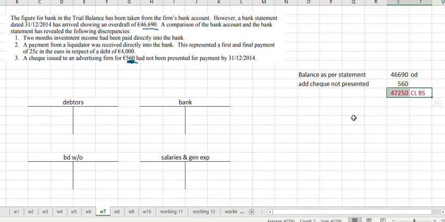Okay, that's our bank overdraft figure. Now we're going to do a bank reconciliation with the other figures to make sure this matches. But if we make a mess here and it doesn't match, go with this figure for your bank figure.